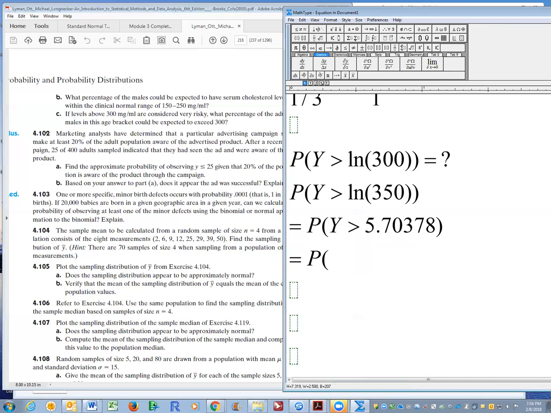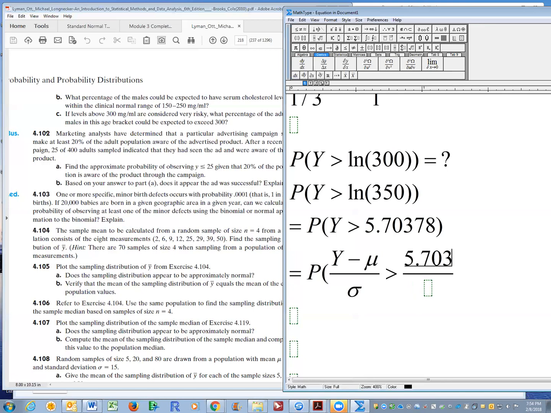So you would standardize it. You'd have y minus mu over sigma. That would be greater than 5.70378 minus, what's the mean? 5.35? Correct.